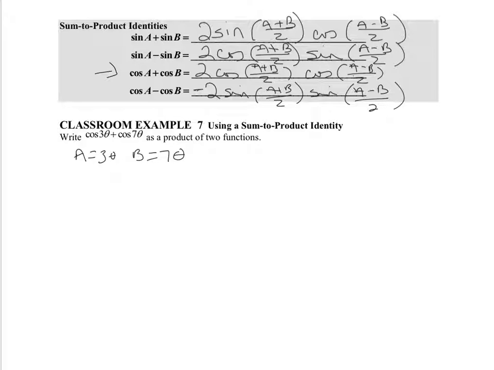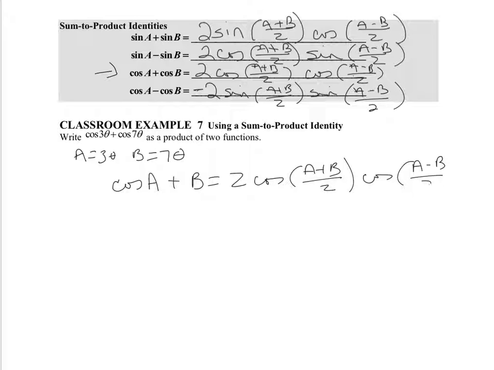Okay, so my formula, I'm going to write it out first. Cosine of A plus cosine of B is 2 times the cosine of (A plus B) over 2, times the cosine of (A minus B) over 2.